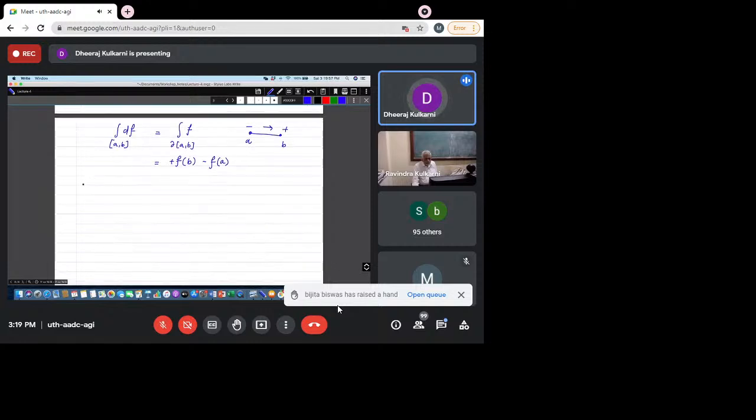Let us also see how it gives us the fundamental theorem of line integrals. It is along similar lines. For that you will need a smooth embedding. So suppose this is corollary 2.